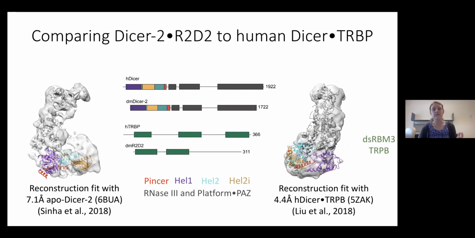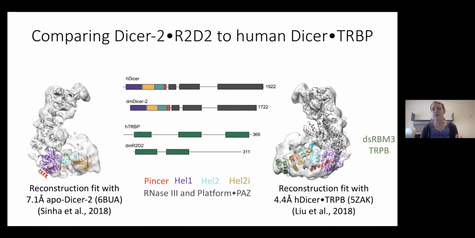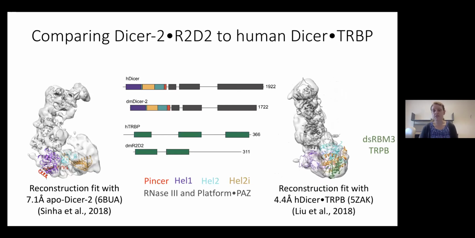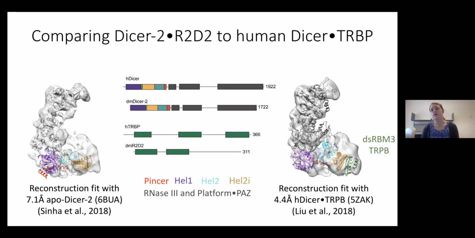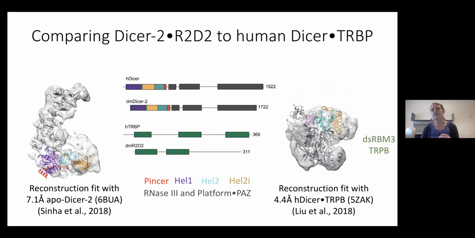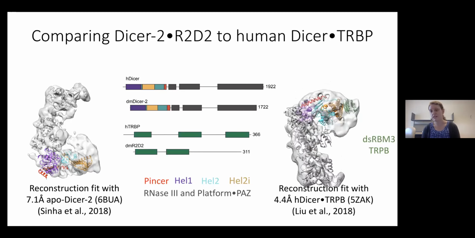And we can see that human Dicer fits very nicely into my overall reconstruction, as we would expect. And we can also see that the third double-stranded RNA binding motif of TRBP fits nicely into the part of the density that we've attributed to R2D2.